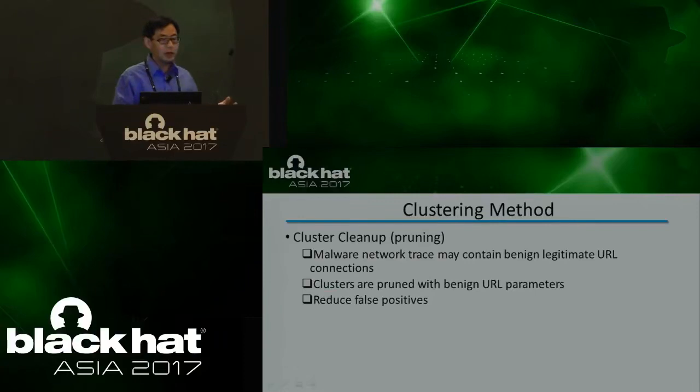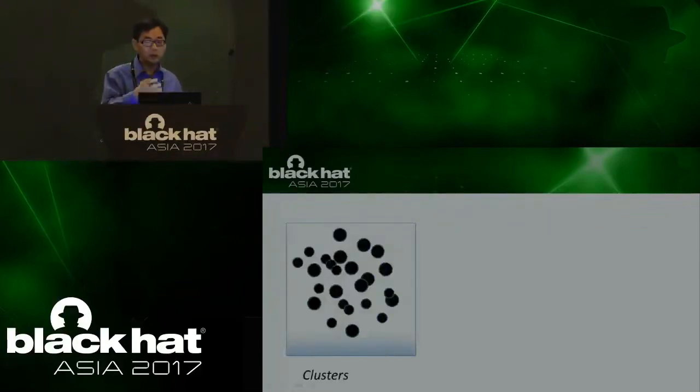The next one is, because in our clustering we don't use benign white data, we may still have such things within our clusters. Once we see a cluster is similar to white samples, that will be a false positive. So we use the benign samples to do the cleanup, the pruning.